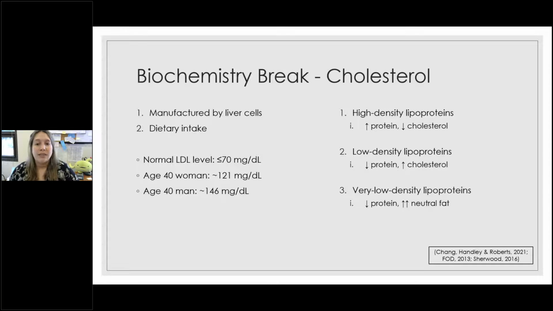A normal LDL level is around 70 milligrams per deciliter. As we age, the concentration of LDLs increases, raising the risk of CAD. A Mediterranean diet with lots of fruits and vegetables, with less focus on red meat and more on seafood, is a great way to reduce cholesterol in one's diet.